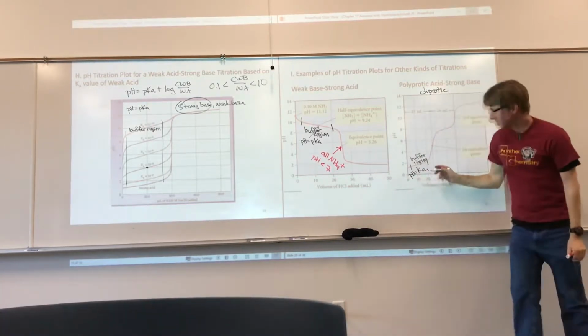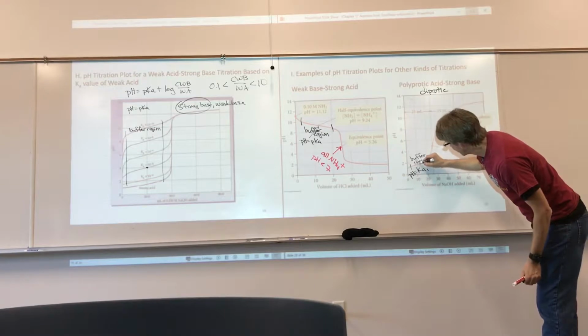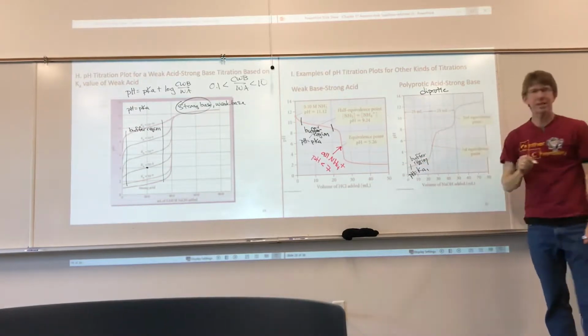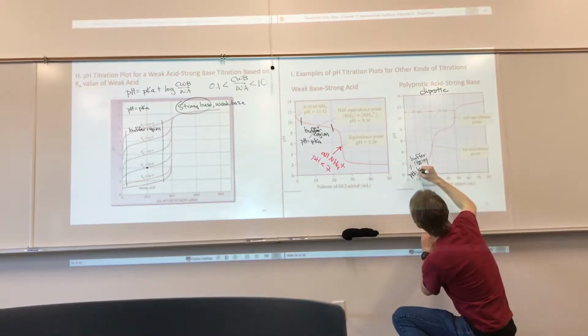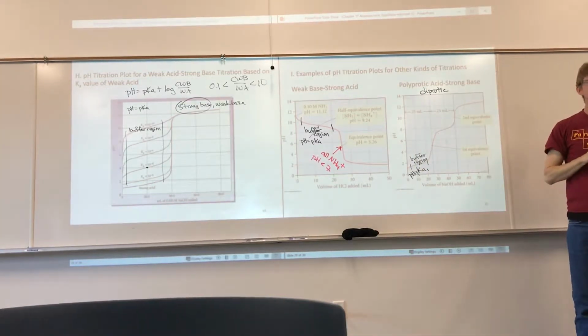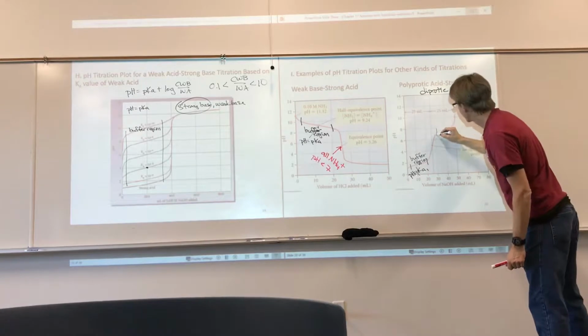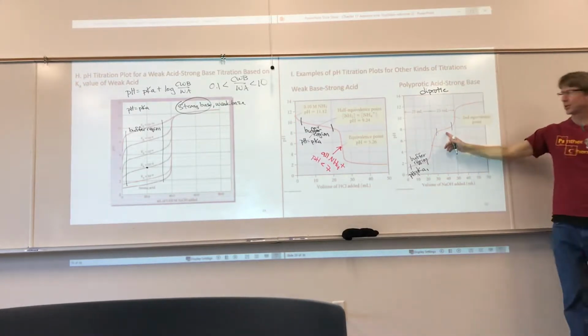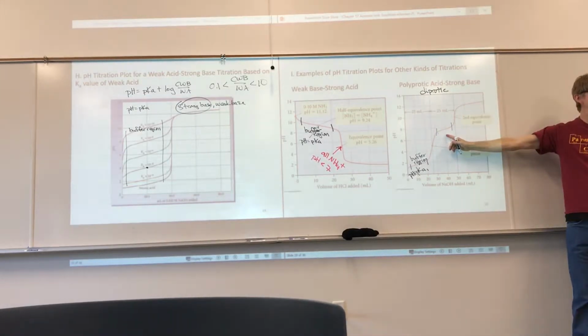In the first buffer region, in the center of it, which I guess would be right about there, pH equals pKa1. Another buffer region: in the center of this second buffer region, pH equals pKa2.